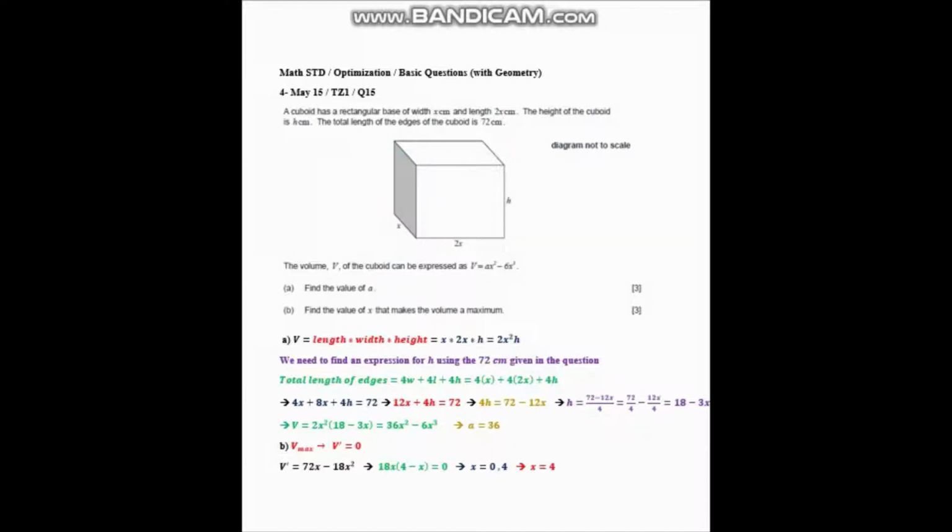So to summarize, we have 4 sides of length x, 4 sides of length 2x, and 4 sides of length h, and the sum of all of these is equal to 72. Hence, we have an equation in x and h, and we can isolate h, obtaining an expression in terms of x for h. So h is equal to 18 minus 3x.